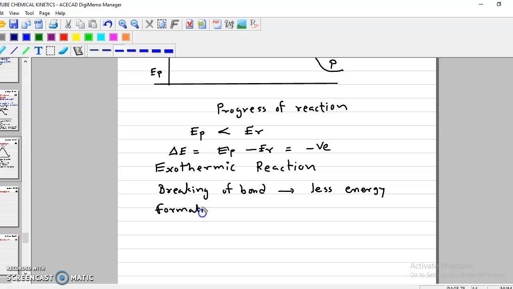Therefore, overall energy is released during bond formation, and therefore it is an exothermic reaction.